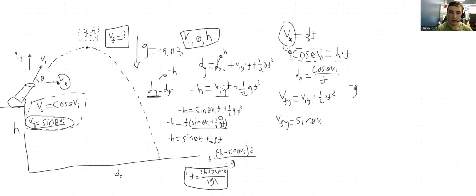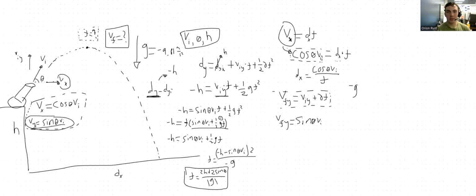It is not 1/2 a t squared. I was thinking in terms of distance. Wrong equation. It is not 2 times the distance. It's just acceleration times time. Wow, I'm a little tired here. Okay, acceleration times time. That would have been pretty bad if I forgot about that.